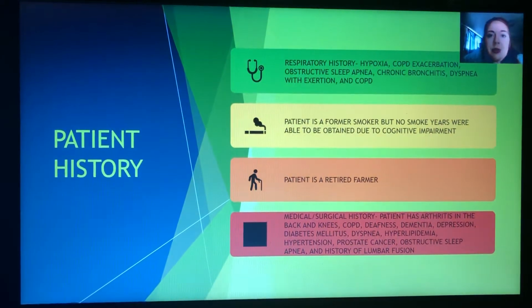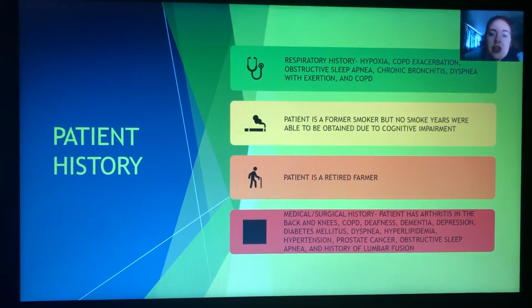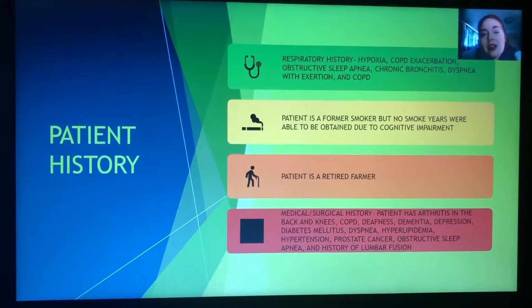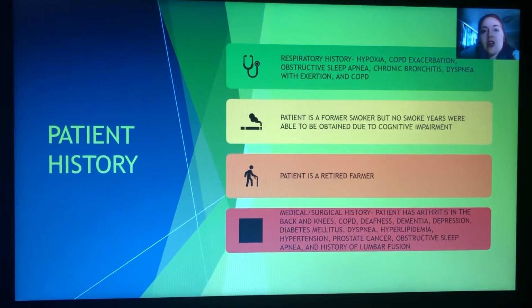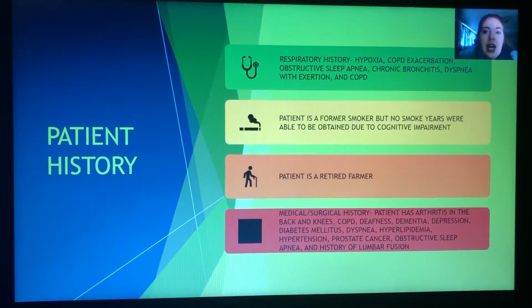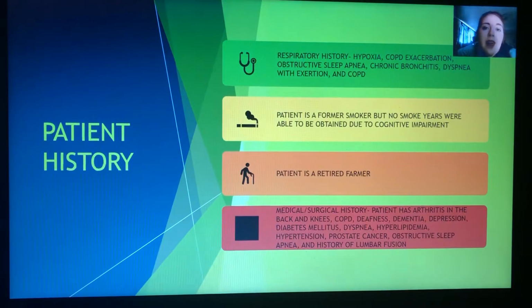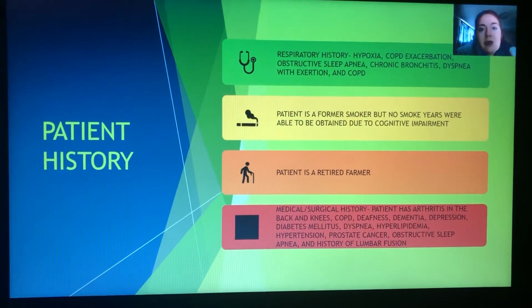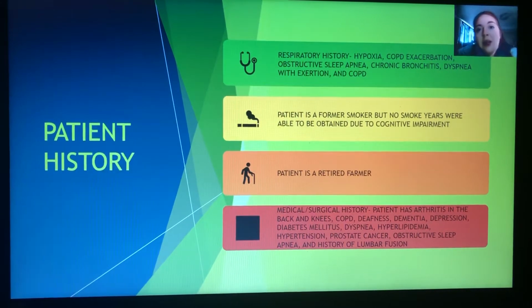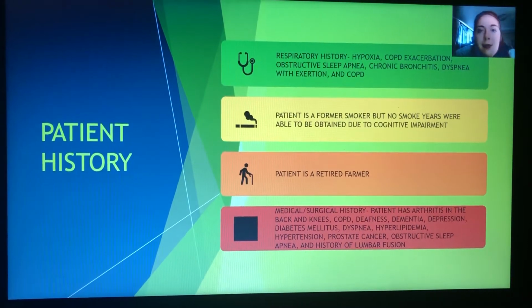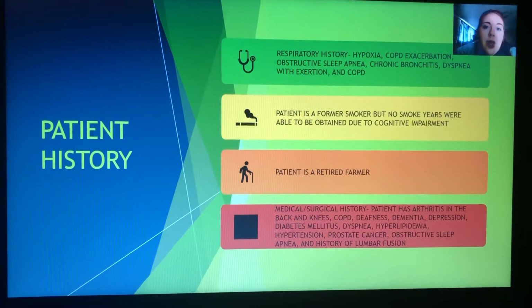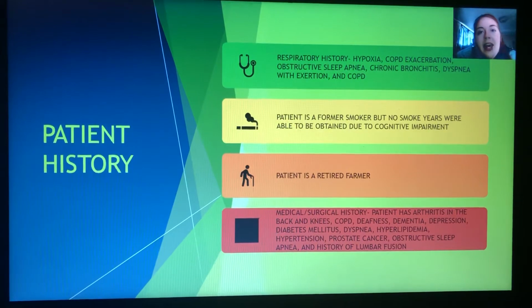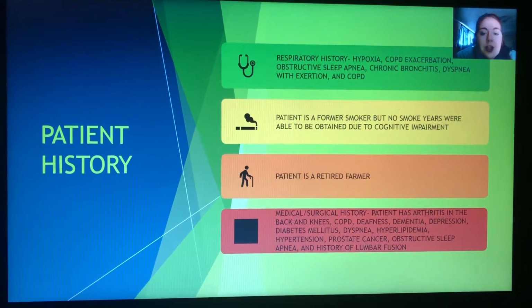So then I went to my patient's chart and I wanted to see my patient's history. I thought this would give me a good idea of who my patient was and what I needed to look for with this patient. Looking at their respiratory history, I saw that this patient had a history of hypoxia, COPD, and COPD exacerbation. This patient also had obstructive sleep apnea, but refused to wear the CPAP mask. This patient also had chronic bronchitis, which is very common in patients with COPD, and they had dyspnea upon exertion.